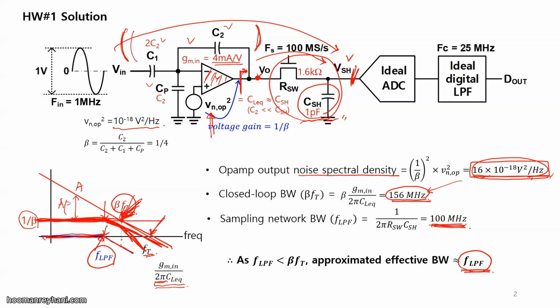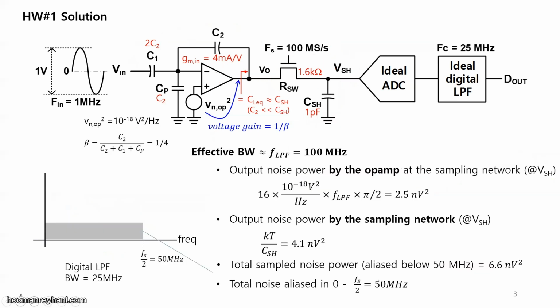So the amplified power spectral density will be filtered by this frequency, okay? And then of course, because of this sampling, the sampled noise will be aliased while keeping the same total noise power, okay? So effective bandwidth is 100 megahertz.